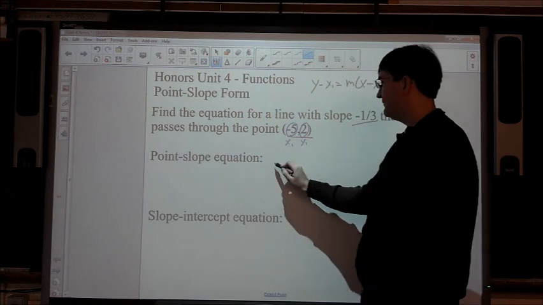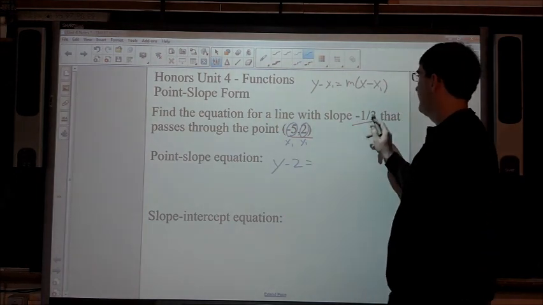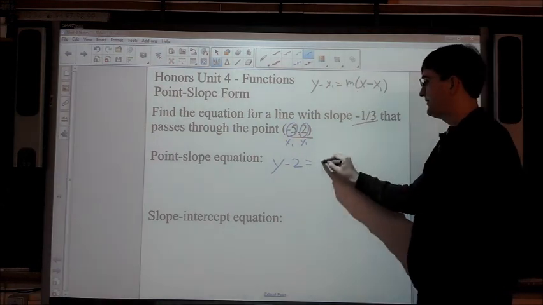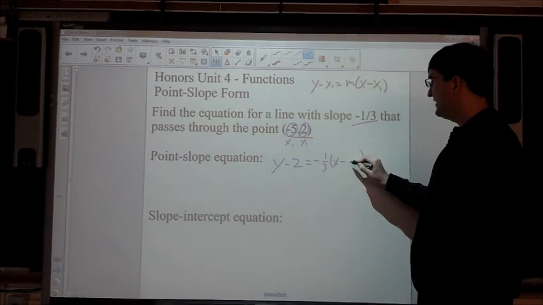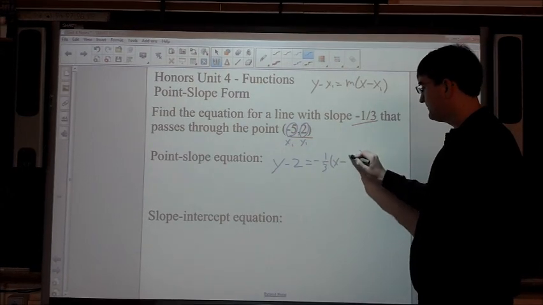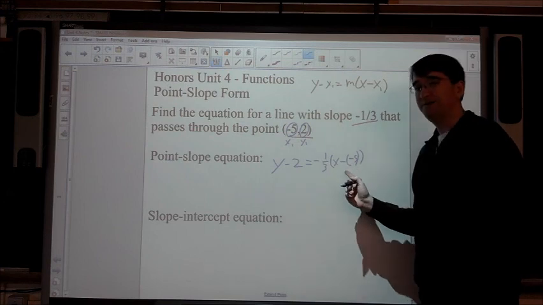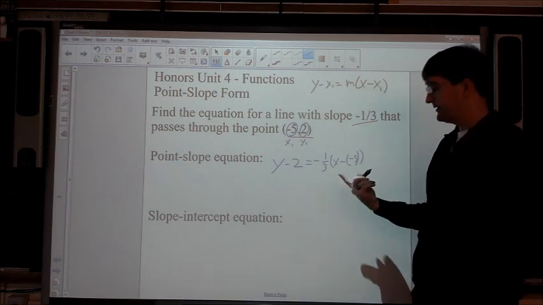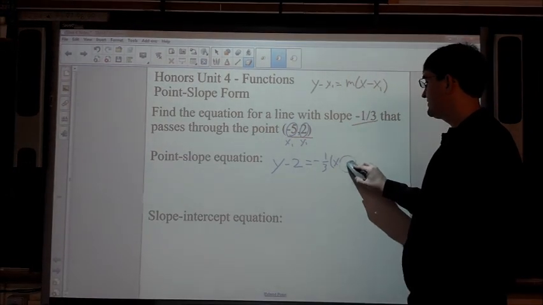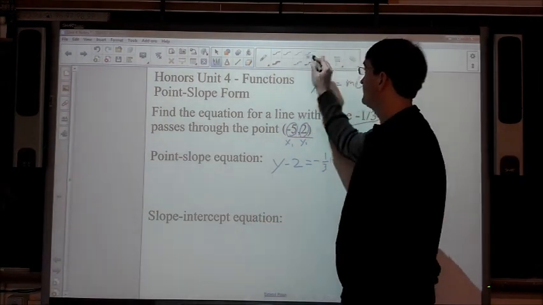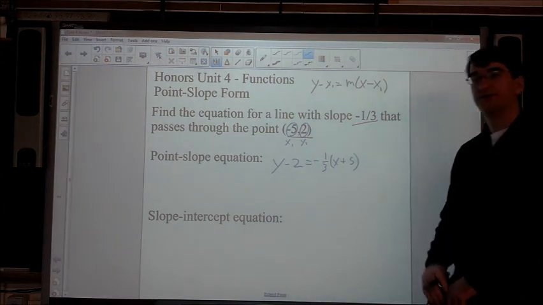So then y minus y1 is y minus 2 equals the slope, negative 1/3, times, in parentheses, x minus negative 5. I'm subtracting a negative 5, though. I'd like to not be doing that. When you're subtracting a negative, of course, that means that you are adding, and so instead, I'm going to write that as just simply x plus 5, and that's my point slope form.